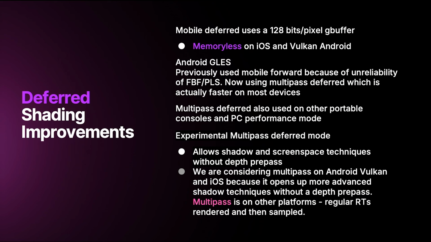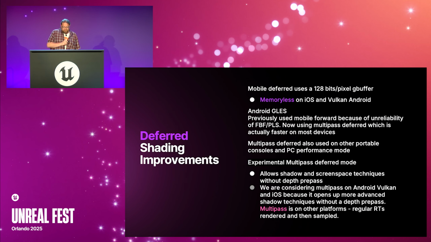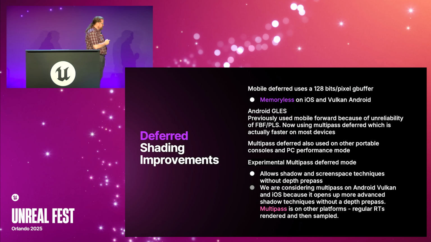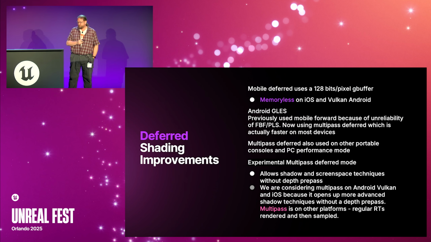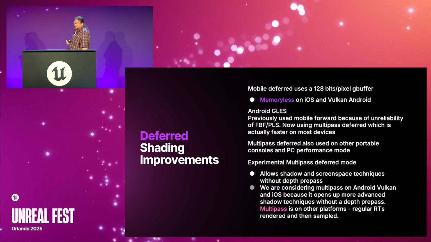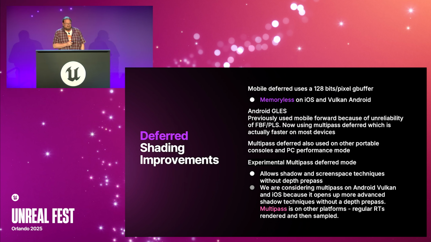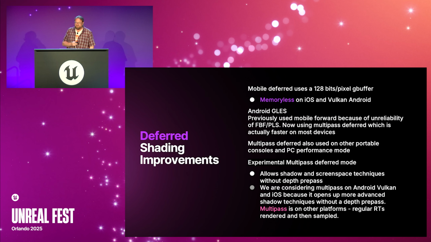Multipass deferred is also used on other portable consoles and PC performance modes, so Fortnite uses that for its PC performance. We do have experimental multipass deferred support that works better on some Android devices, but only a few. It's more of the advanced features, and more information is coming out about that probably in a future release.